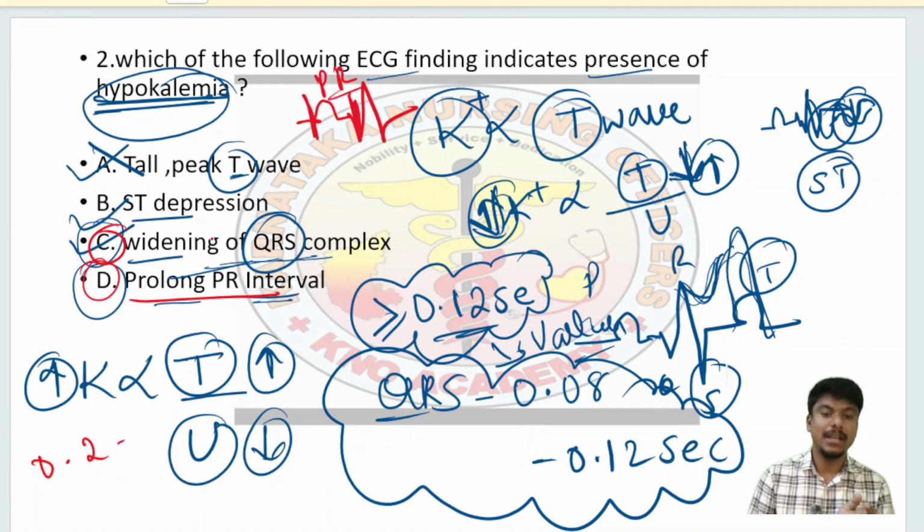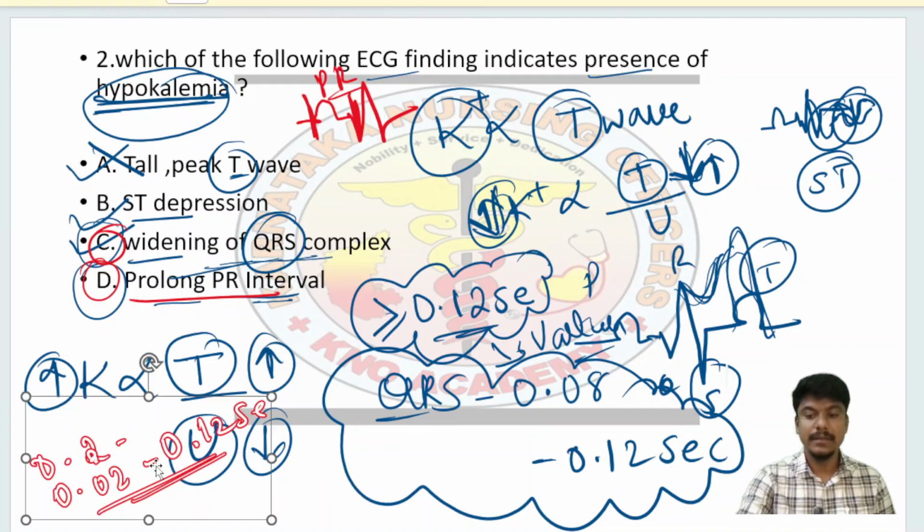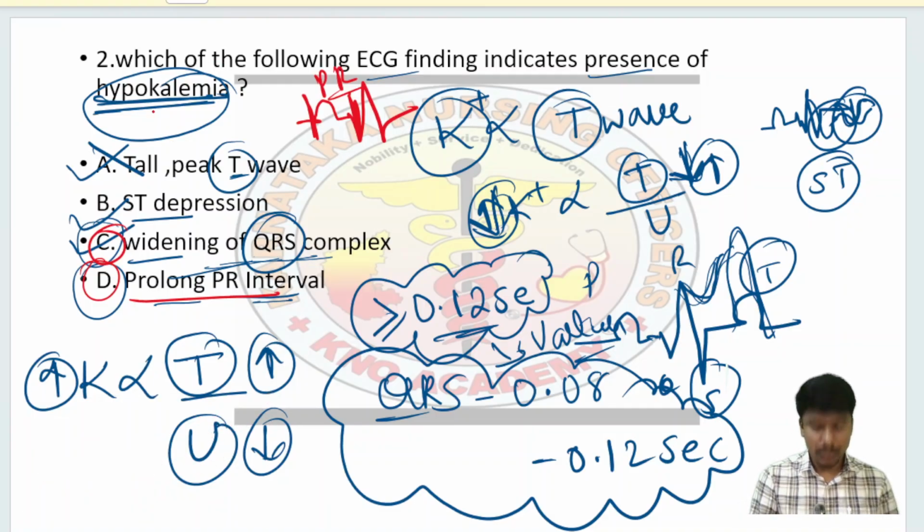The normal PR interval is 0.12 to 0.20 second.